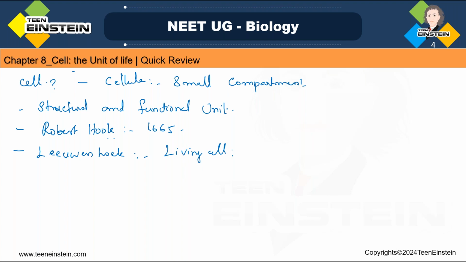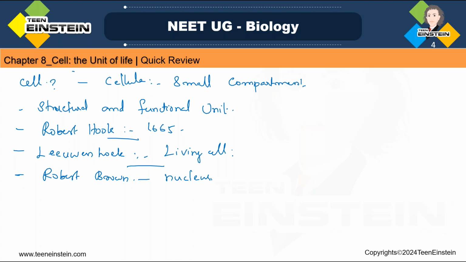Who invented cell? Robert Hooke. But the living cell was first reported by Leeuwenhoek. Okay. Then later, Robert Brown. Robert Brown described or he discovered the nucleus. Okay. Robert Brown discovered nucleus.